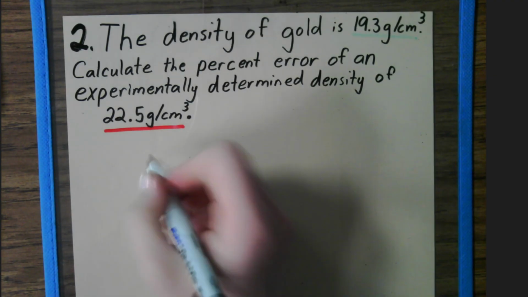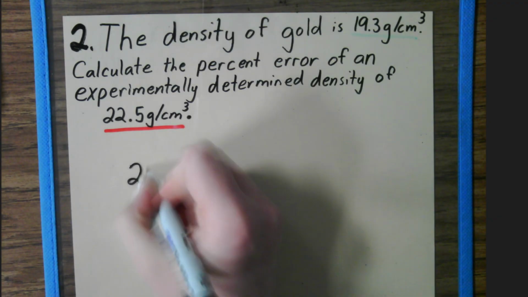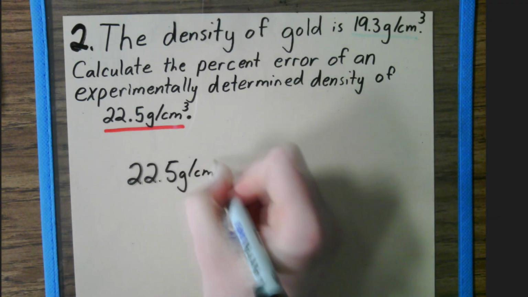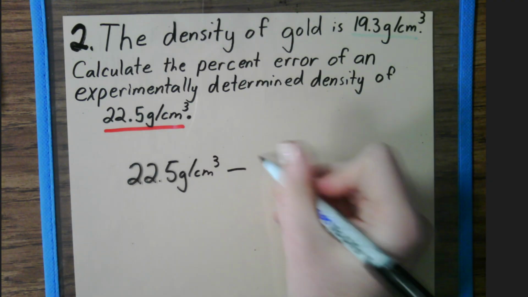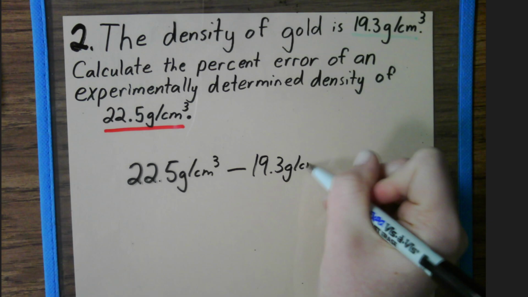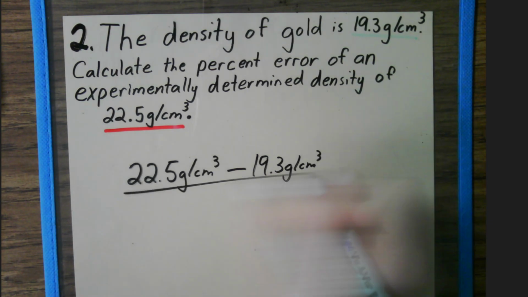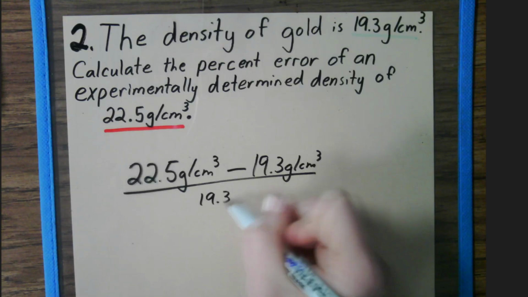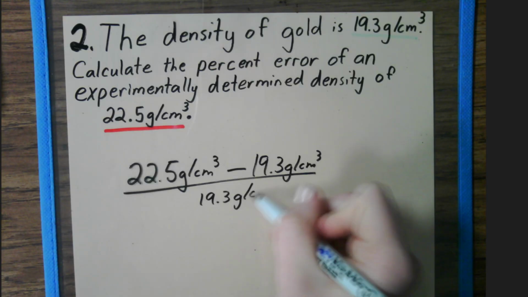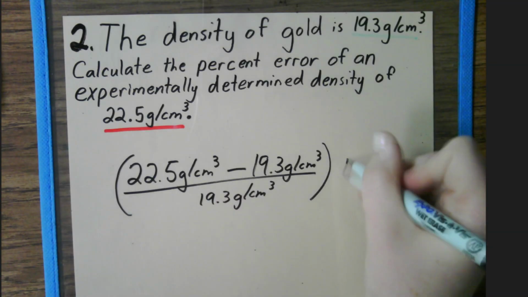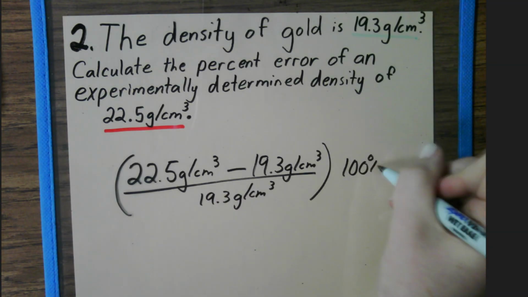So let's put that into our formula. We have our observed first, which is 22.5 grams per centimeters cubed, minus 19.3 grams per centimeters cubed. All of that over 19.3 grams per centimeters cubed. And all of that is multiplied by 100%.